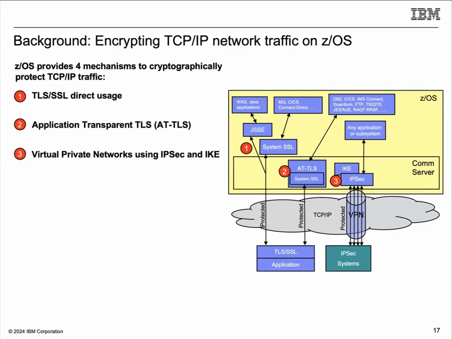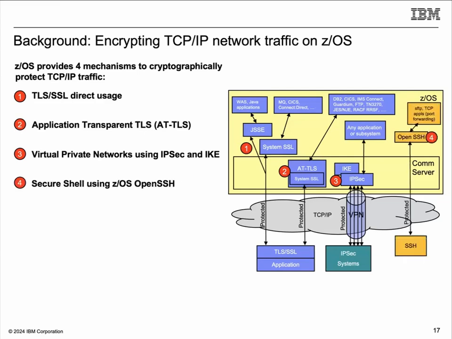That can be important because many of you use Enterprise Extender to protect your SNA traffic, and that is a UDP protocol. So you must protect it with IPsec if you're going to protect it. And then lastly, secure shell using z/OS OpenSSH. Now, that's not a Comm Server thing. That's part of z/OS, but not Communications Server.